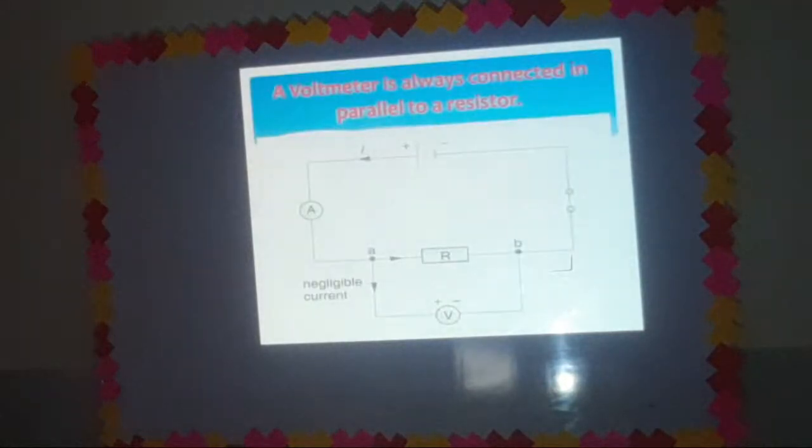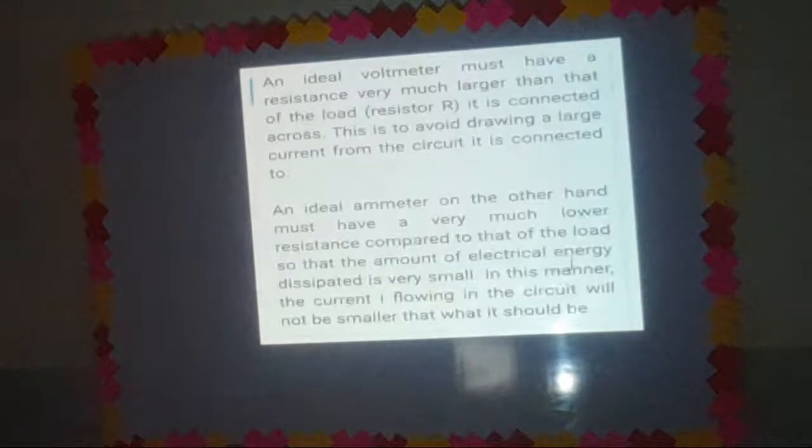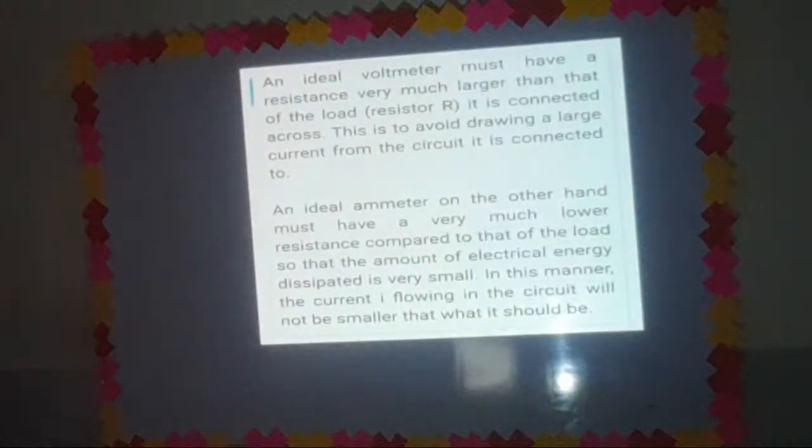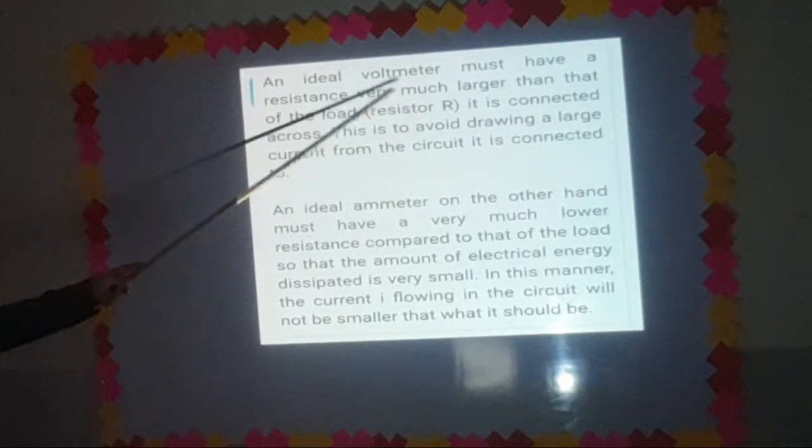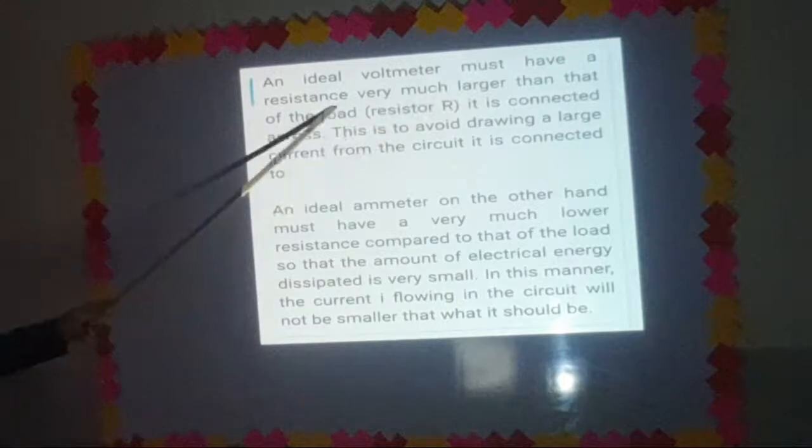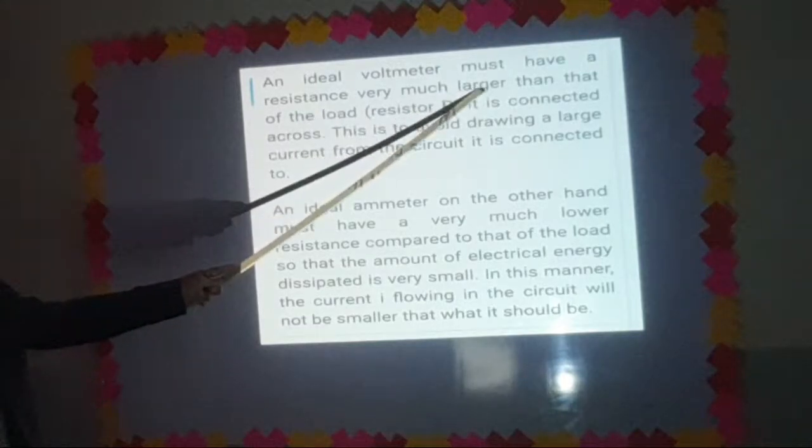Have a look here. I have explained it earlier. This is from your textbook. Very important point. I am going to read it so that you may get full clarity. An ideal voltmeter must have a resistance very much larger.